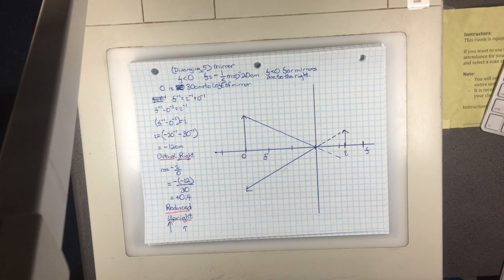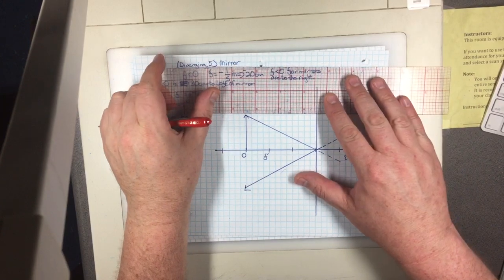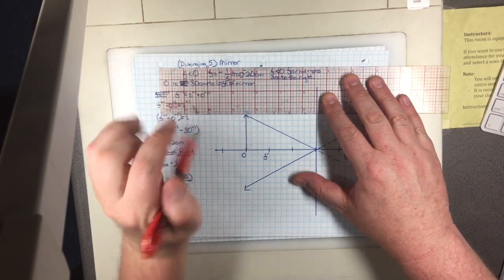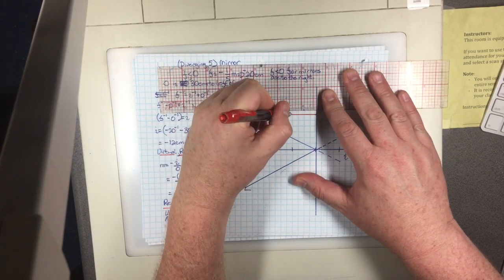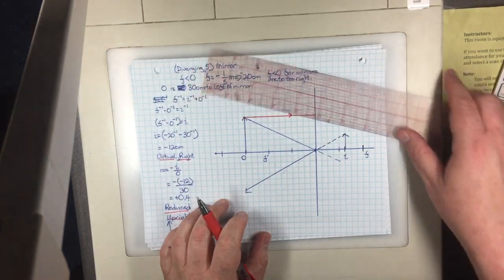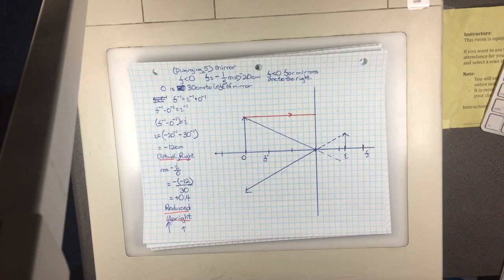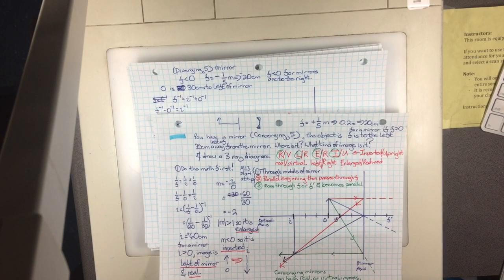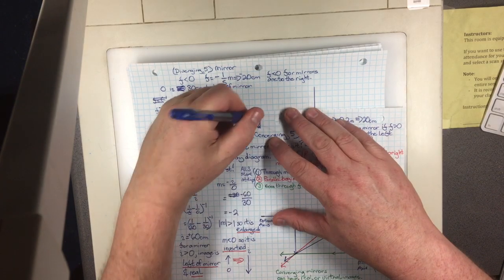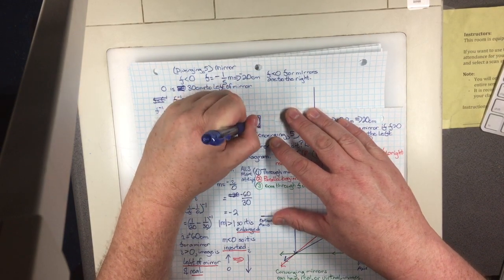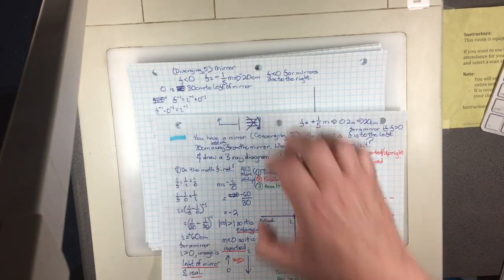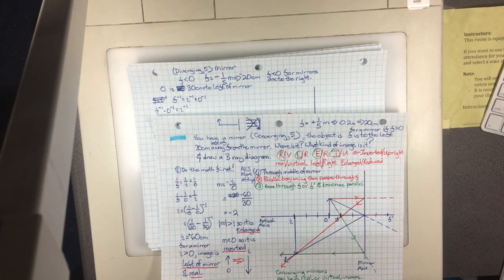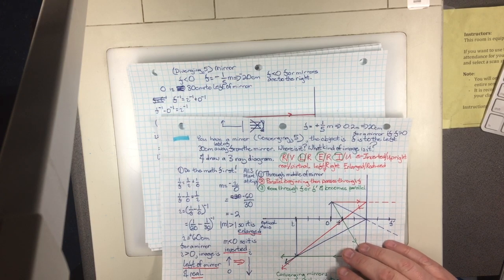The second ray is the parallel ray. It starts like this. It starts parallel. I'm just gonna go back to this real quick. In this situation, parallel rays converge like that. They all focus at the focal point.